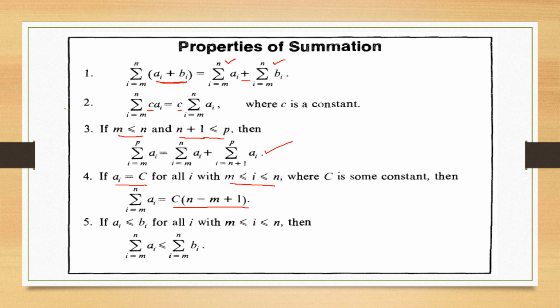We can multiply this by c. The last property: if ai is less than or equal to bi for all i where i lies between m and n, the summation of ai and the summation of bi will hold this inequality for i varies from m to n in both cases.